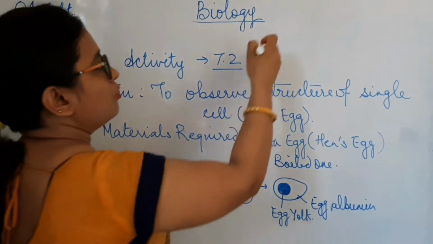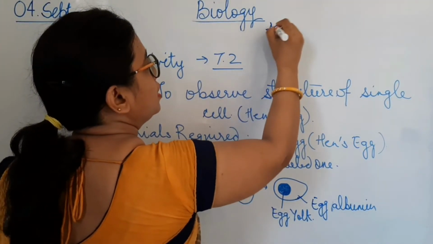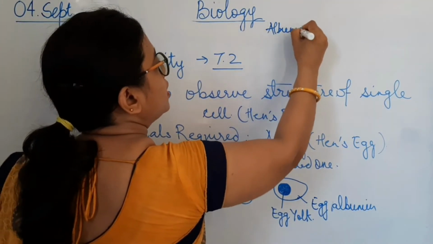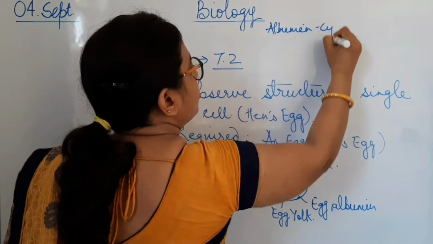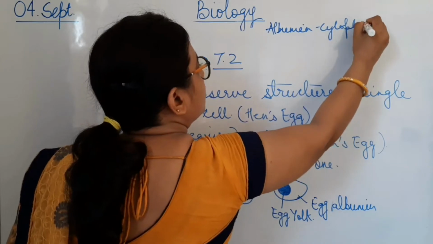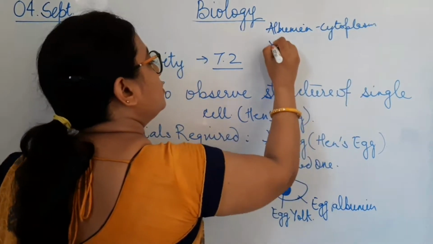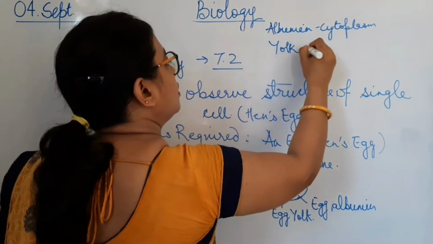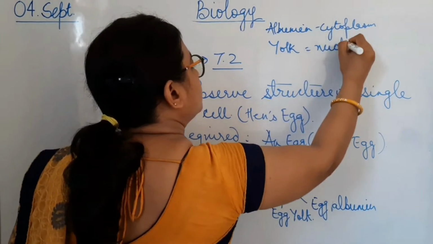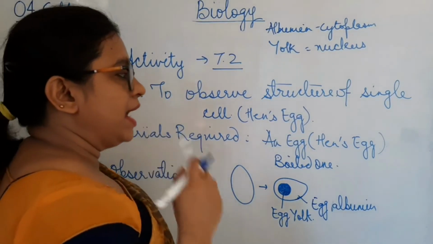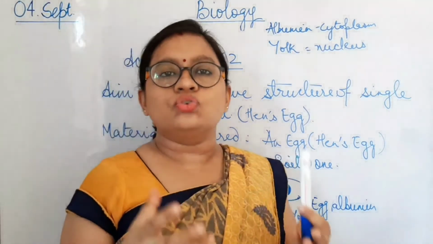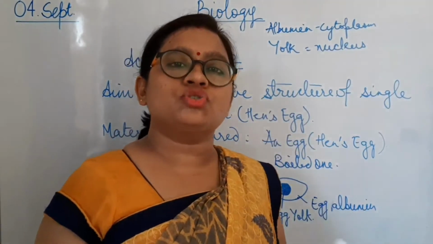So I am writing that down: in this egg or in any egg, albumin is the cytoplasm, whereas the yolk is the nucleus. So what we have understood from this activity is how the cell looks. This is the basic structure of the cell.